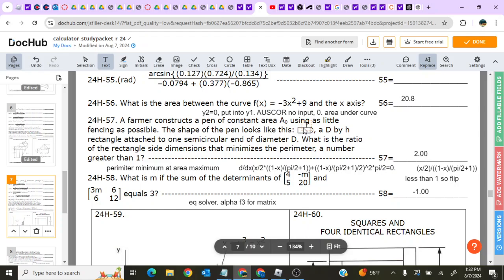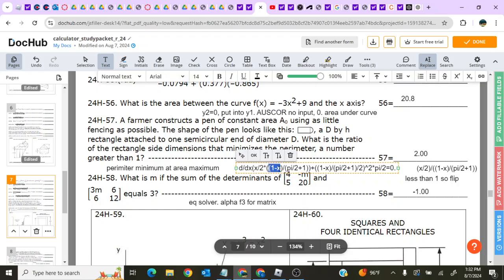So first off, we're going to say the perimeter spent on the width essentially is x. So x over 2 gives you one side of the rectangle. And that's times the height, which is the entire perimeter of 1 that's not being spent on x. It is being spent on the other portion, so 1 minus x.